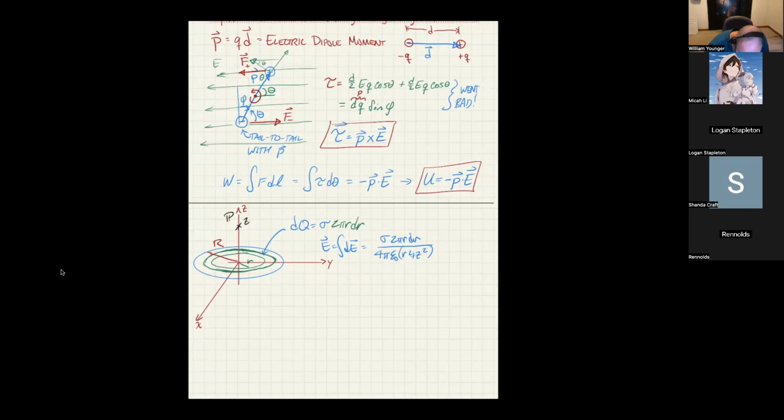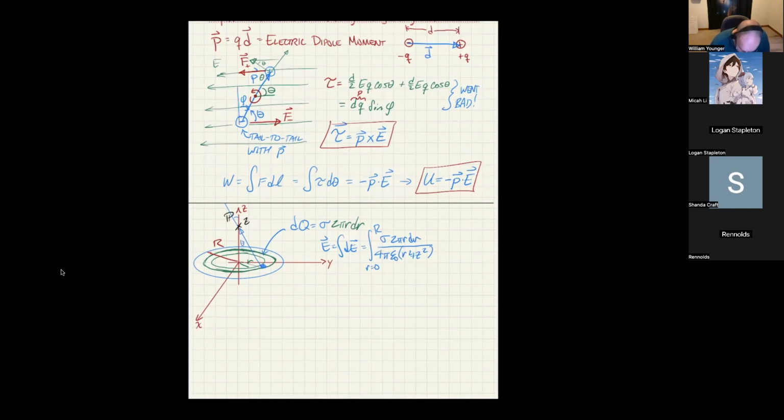Now I'm going to integrate that from r equals 0 to big R, and I'm going to have to convert it by realizing that, from this little spot right here, the dE points that way, but I really need the component of it along the z-axis. So I need to multiply that by a cosine of some angle theta.